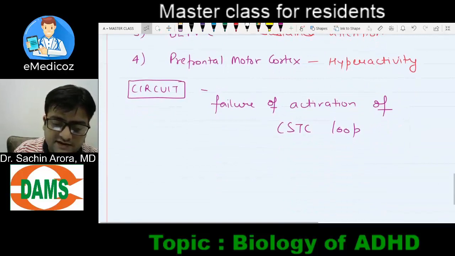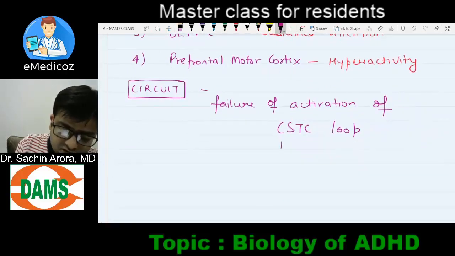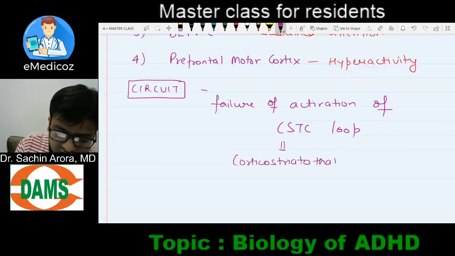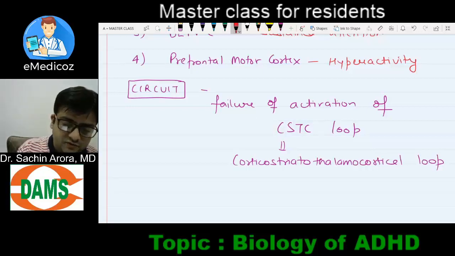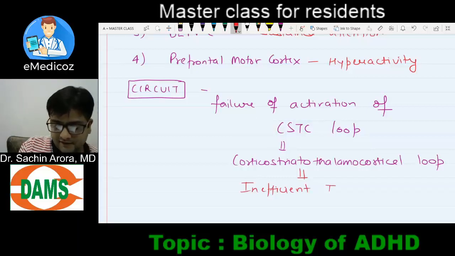Now this CSTC stands for cortico-striato-thalamocortical loop, which leads to inefficient information processing.